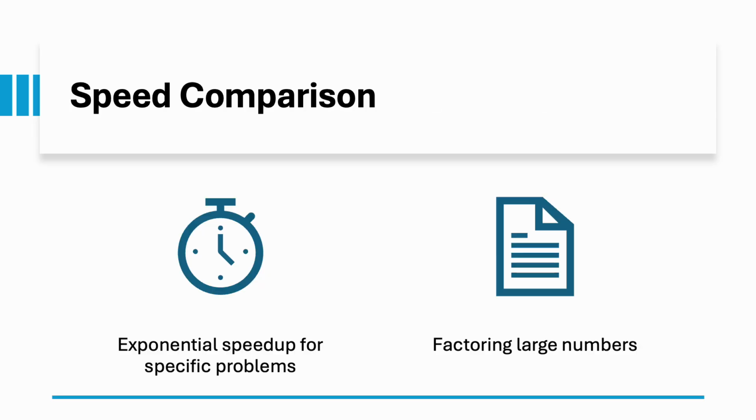Speed comparisons. Now let's look into this in a little bit more depth. Exponential speedup is the concept that makes quantum computers truly revolutionary for certain types of problems. To understand what exponential means, imagine you're trying to guess a 4-digit password.